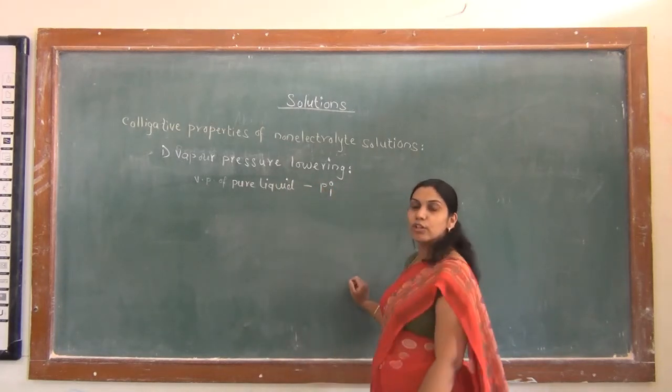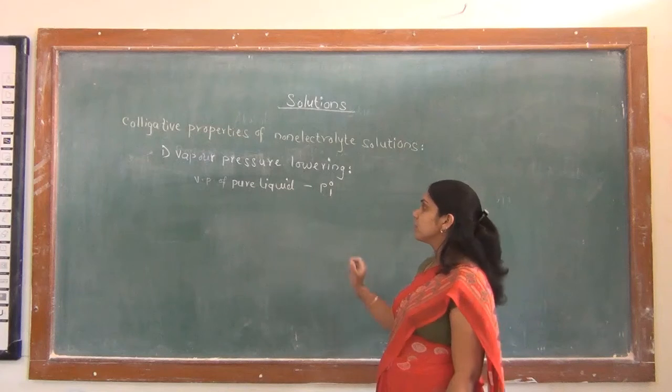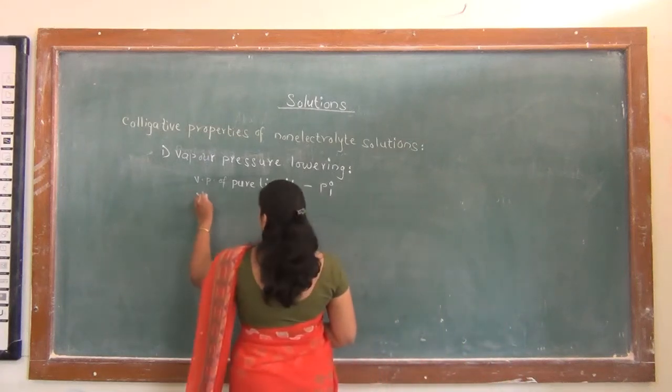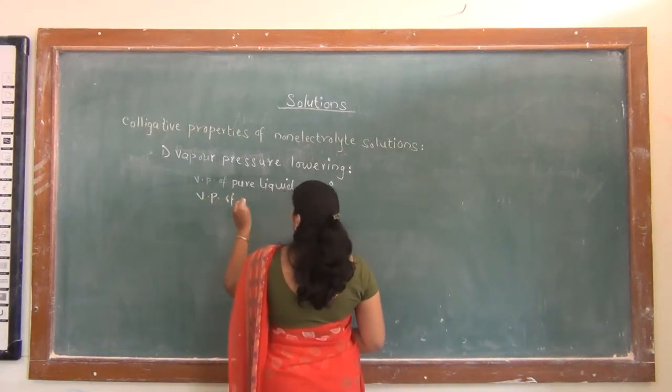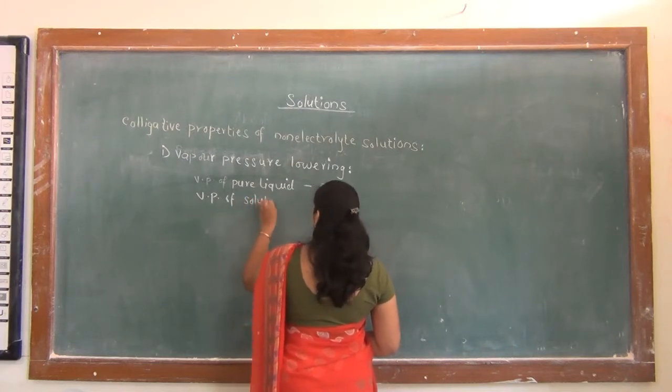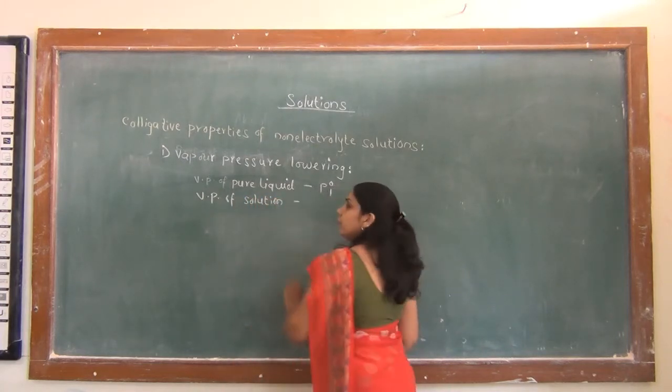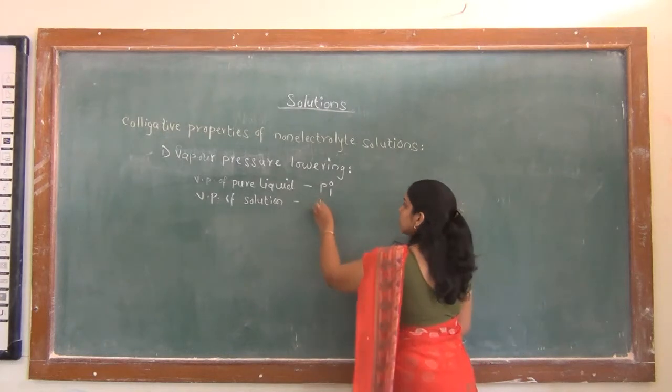The vapor pressure of pure liquid or pure solvent is P01. Vapor pressure of solution is P1.